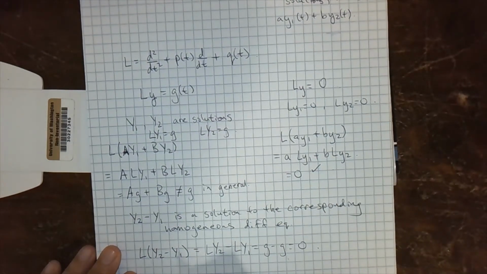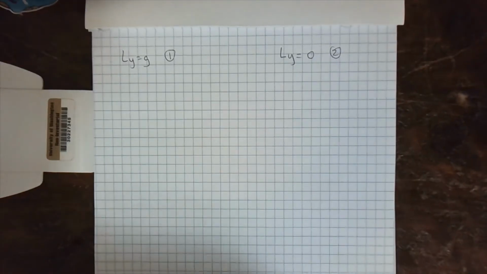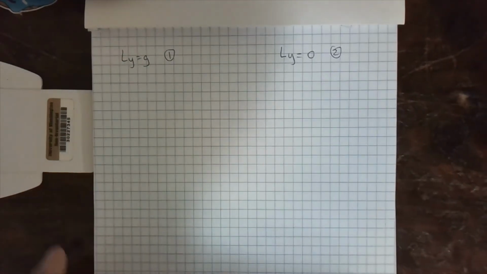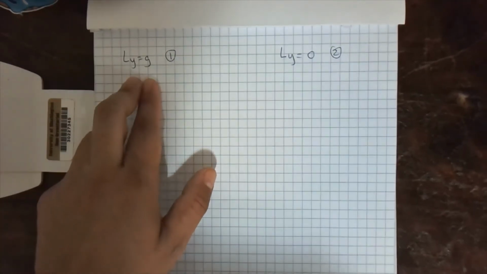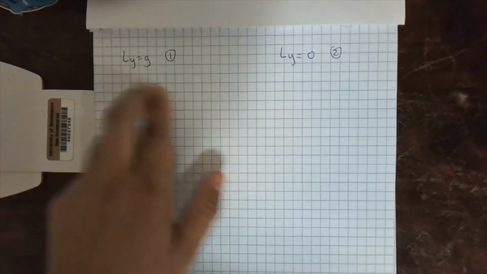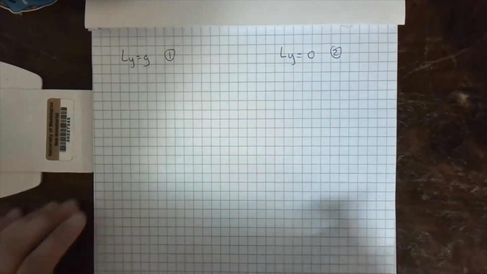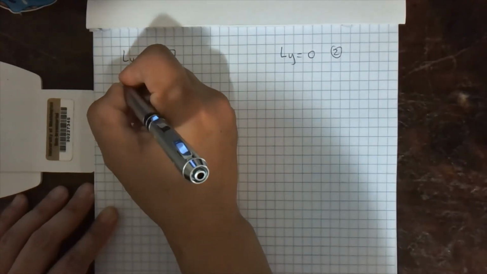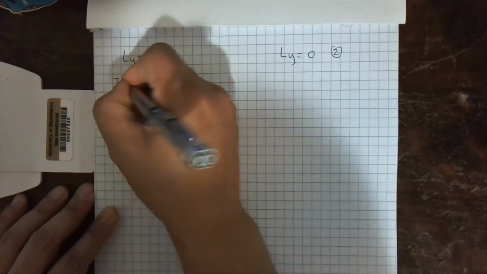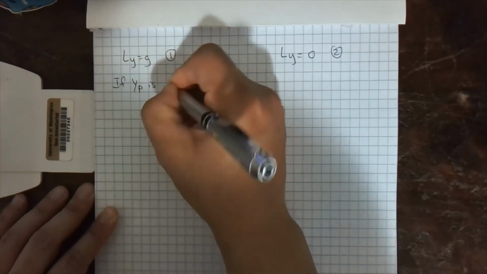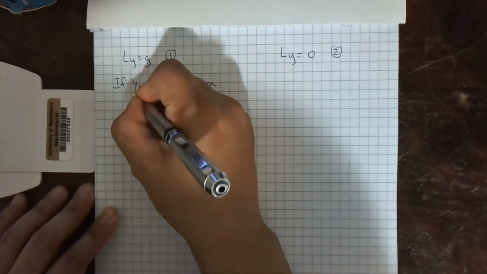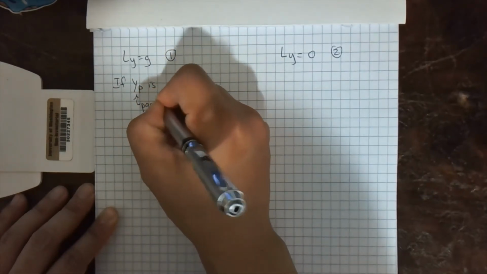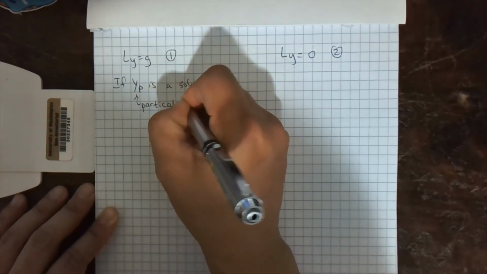Okay, what's useful about that? So what's good about what we just said? Well, we can say this backwards. We just said the difference between any two solutions to the non-homogeneous version is going to be a solution to the homogeneous equation. So we can go backwards. We can say if yp is a solution, p is for particular. We call this a particular solution. Particular just meaning any solution.